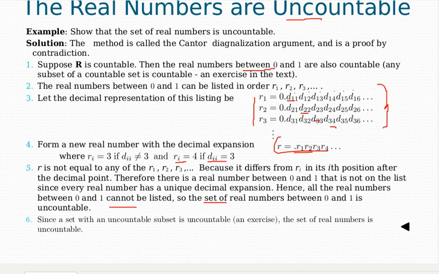But since we are able to do this, what we assumed, that R is countable, is not correct. Therefore the set of real numbers is uncountable.